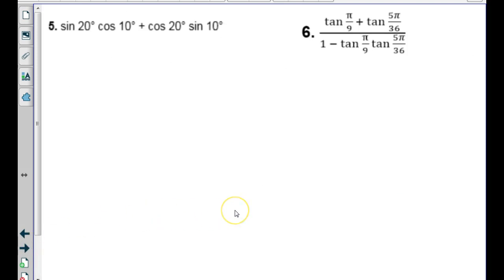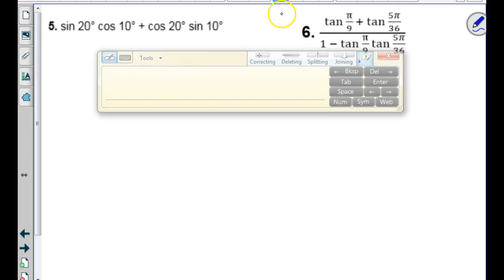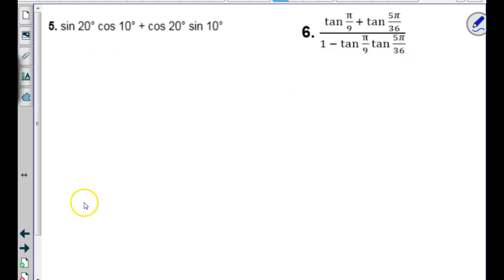How about a random warm-up for me? Can you find on your trig reference sheet something that says sine, cosine, plus cosine, sine?